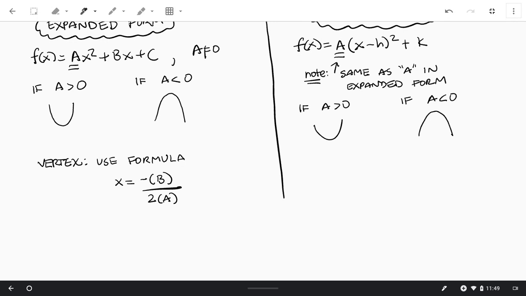So we are going to take a look at graphing next, and we will need to find the vertex. You would use this formula to find the x value, and then of course it's a point, so you will need to find the y value.